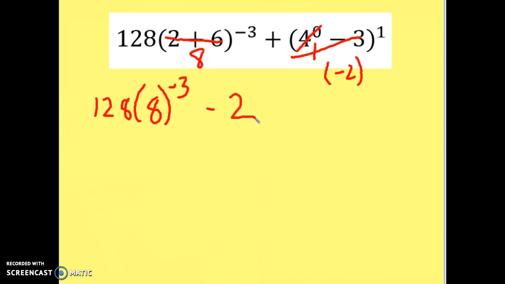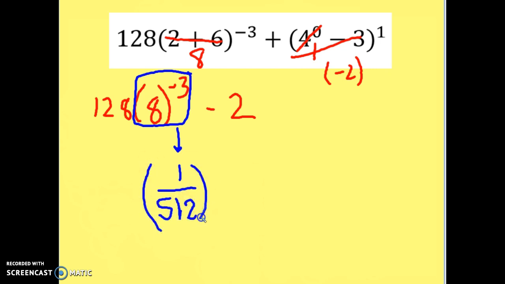So now we have parentheses, 8, with an exponent, so 8 to the -3rd power results in 1 over 8 to the 3rd power, and 8 to the 3rd power is 512. That is all being multiplied by our 128 out in front, and then at the end we need to subtract 2.